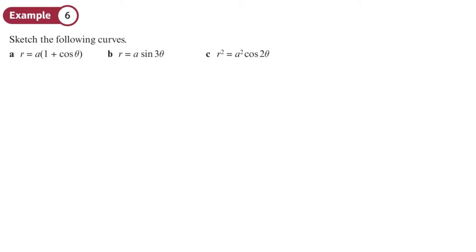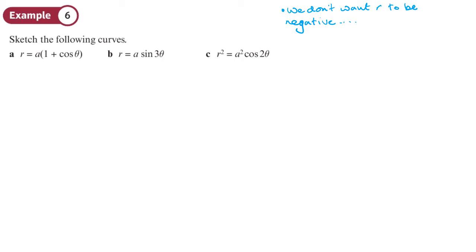Okay, so we're going to sketch the following curves. We're going to use tables to help us. We can use our calculators, but you do need to be aware your calculator may plot for negative values of r, which we don't want. So it may be worth making a point here that we don't want r to be negative, because you can't really have a negative length as such.